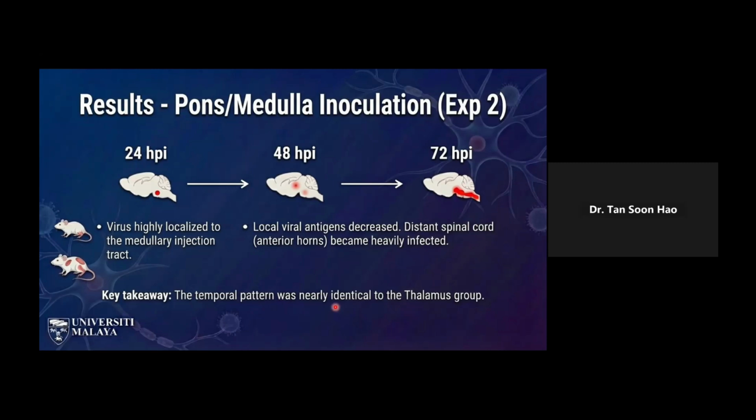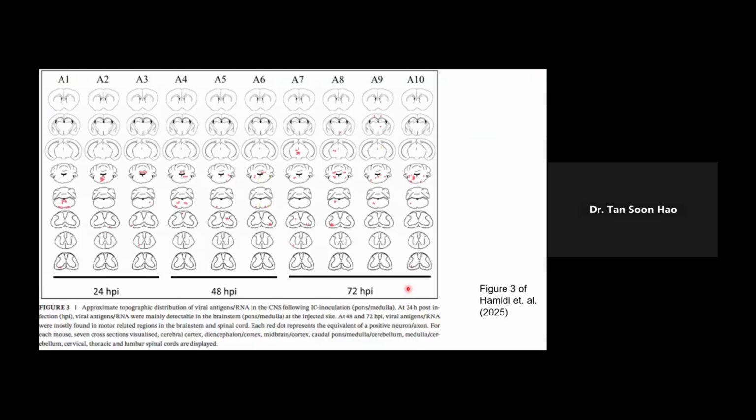So the temporal pattern was nearly identical to the thalamus groups. Similarly, because the needle track is quite near to the pons and medulla, it's hard to differentiate whether the infection comes from the adjacent needle tracks or actually comes from retrograde axonal transport from the infected muscles.